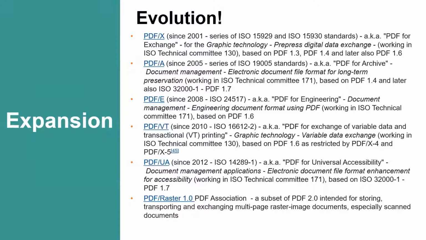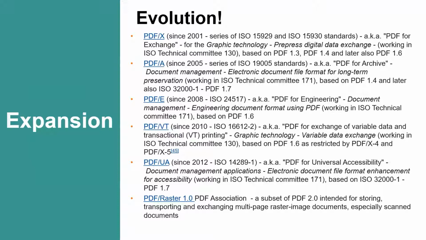So there's PDF/X, PDF/A, which you may know for archiving, PDF/E for engineering, the home of CAD drawings, PDF/VT, which was defined to allow caching of form templates and insertion of live data on the fly, PDF/UA for universal accessibility, again something many of you may know, and PDF Raster, which is a subset of PDF 2.0.